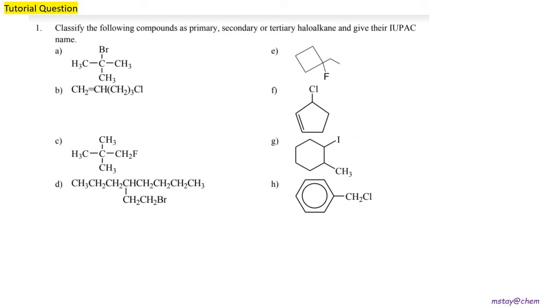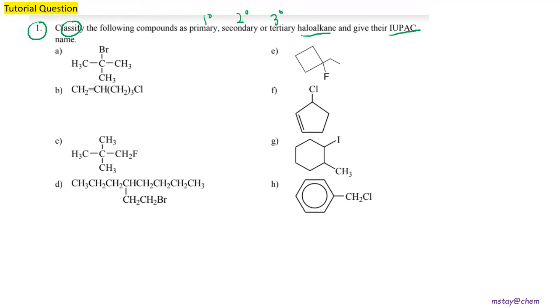Now let's proceed to question number 1. We need to classify the compound as primary, secondary, or tertiary haloalkane, and then we have to give the name based on the IUPAC name. Okay, so first we classify the haloalkane. Basically, the way we classify haloalkane is quite similar to classifying the carbon.